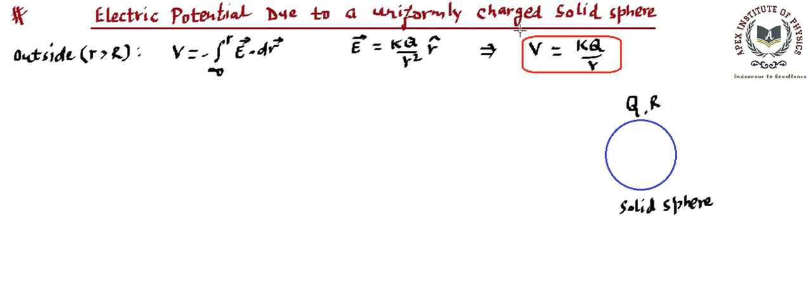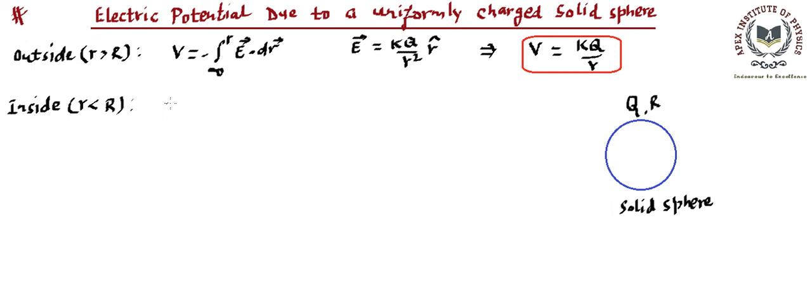Now we can find the potential for an inside point. In case of inside, this small r, which is measuring the distance from the center, is going to be less than capital R. That means it is inside this solid sphere.